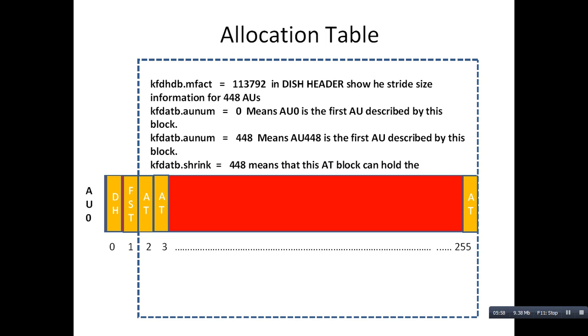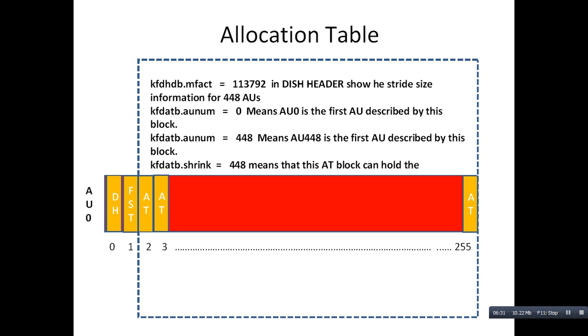We'll be discussing these things in the next demo session. We can find the stride size in the disk header, in the value kfdhdb.mfact. This value shows the maximum stride size. In this field, we can see that kfbh.aunum equal to 0 means that it is the first allocation unit number addressed by that particular allocation table block.